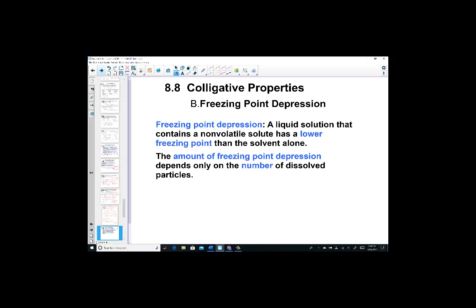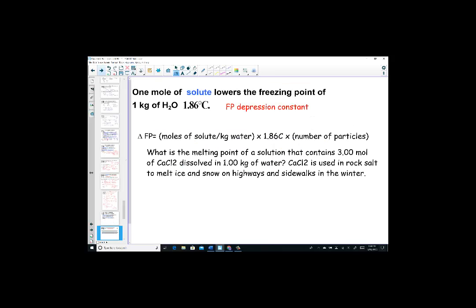You're going to see a very similar formula as we were working with boiling points, but we have a different constant. So here's the constant, and I would highly recommend taking your highlighter and make sure you can find that 1.86. Remember that number for these problems. So for every 1 mole of solute in a kilogram of water, the freezing point depresses by 1.86 degrees Celsius.